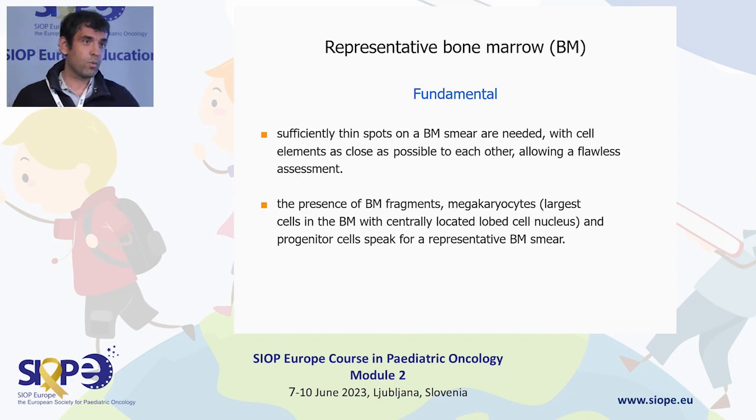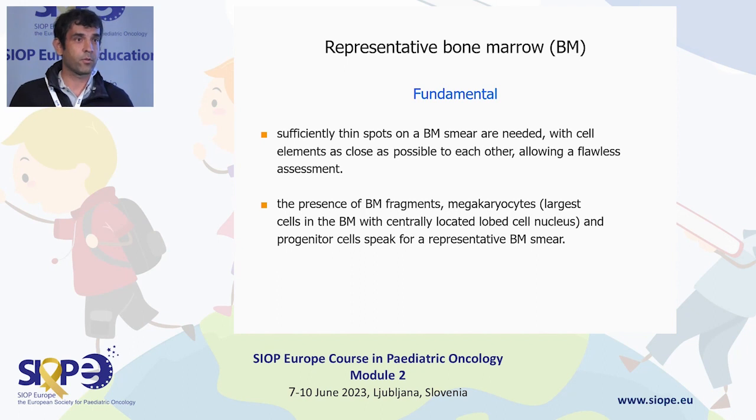You should also know what is a representative bone marrow. I think there are three aspects which are very important. You should see the bone marrow fragments on the smears, and sometimes you can even see this macroscopically. You must find megakaryocytes within the bone marrow smear, and you must find the progenitor cells, so erythroid or myeloid progenitor cells.